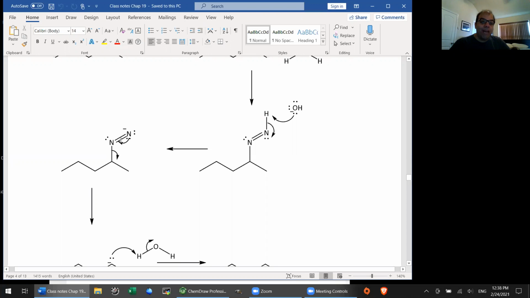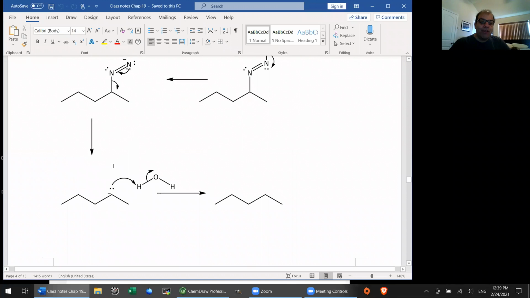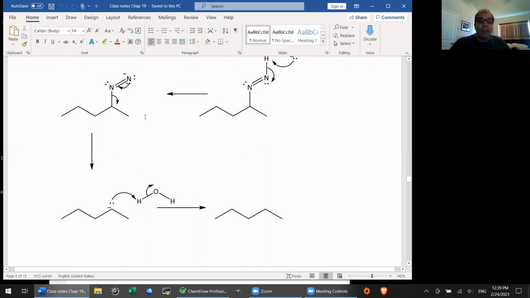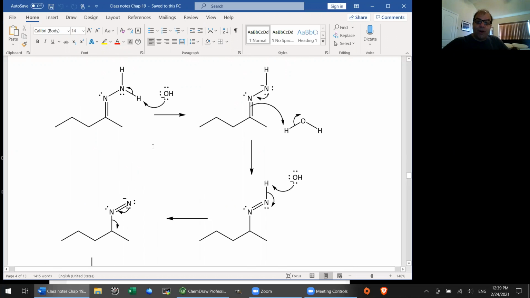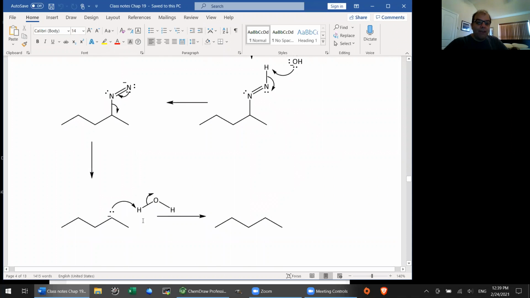So we form that second pi bond, we break the nitrogen-carbon bond, and it actually involves losing a carbanion as a leaving group. Now, I can hardly imagine a worse leaving group than a carbanion. It doesn't get any worse than that. But when you're forming a nitrogen molecule, it's good enough. So again: deprotonation, formation of a pi bond, protonation over here, deprotonation again, formation of another pi bond, and then loss of a carbanion.